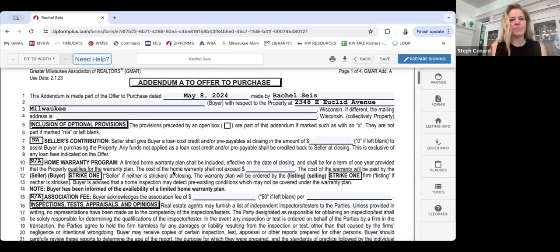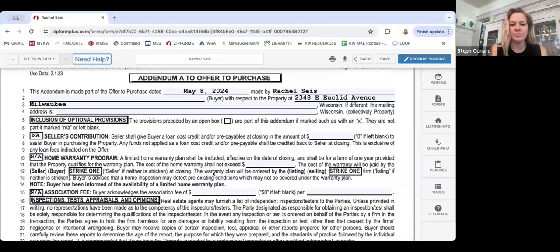Beginning at the very top, you're going to be including your buyer's information and the property address, of course. And then the first major provision that this covers is a seller contribution. So if your buyer is requesting a loan closing cost credit, AKA a seller's contribution, they would use line 7 here, and you would put in an X here if it was applicable.